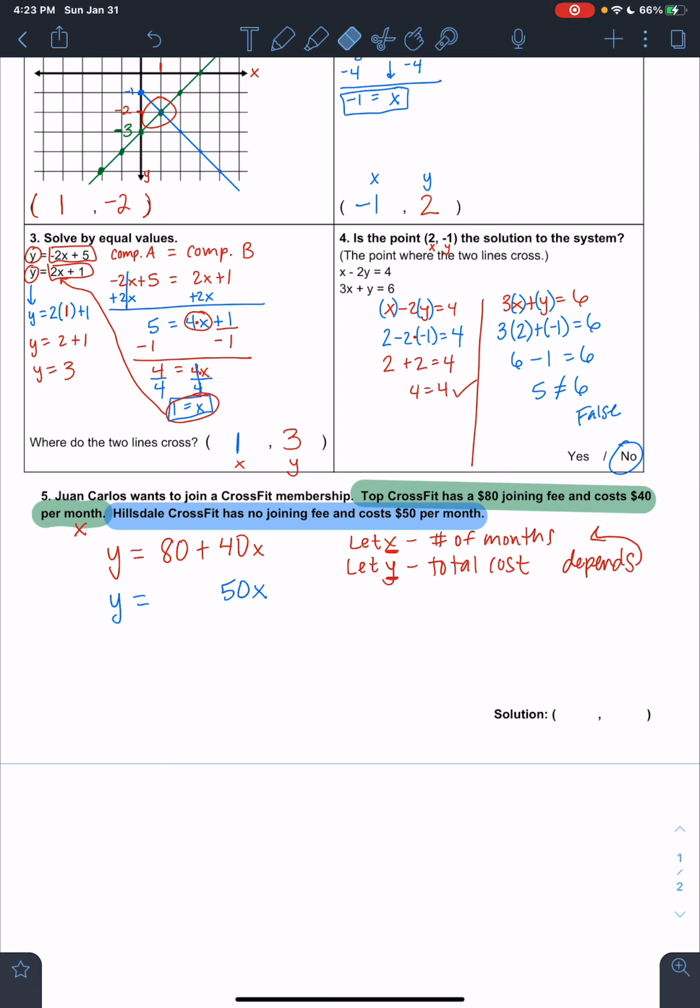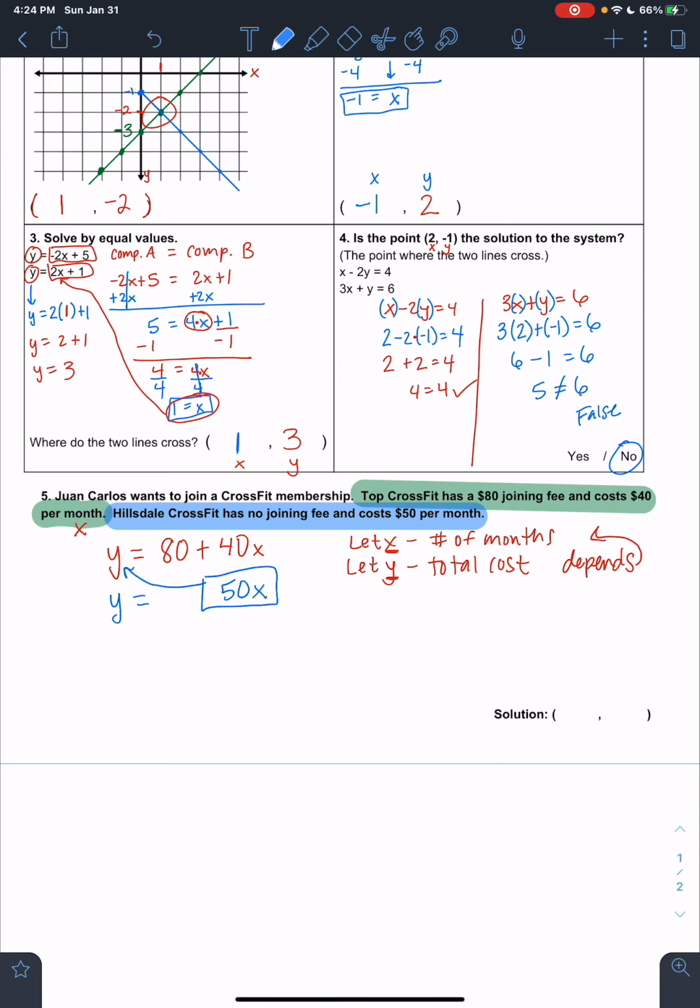We could solve this by equal values. They're pretty much set up the same way. If Hillsdale CrossFit costs $50 a month, that is equal to Y, or the total cost. And so I can just replace this Y with 50X.